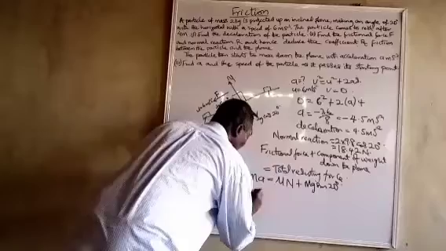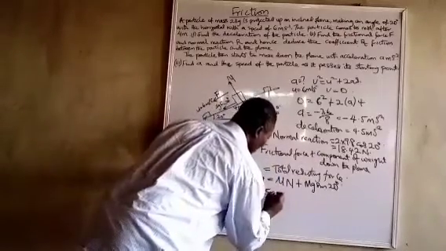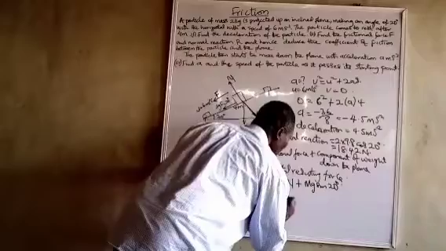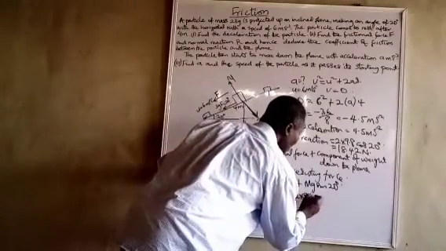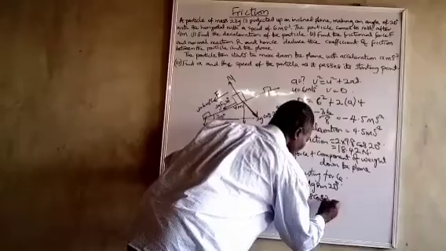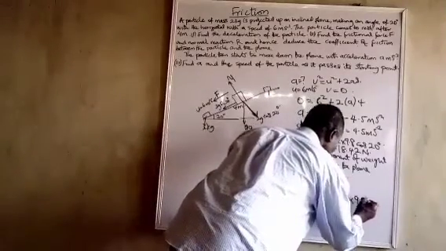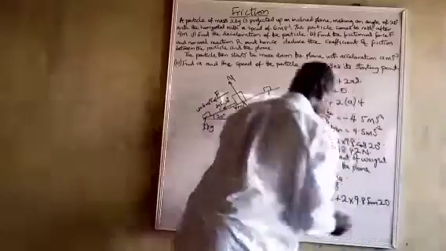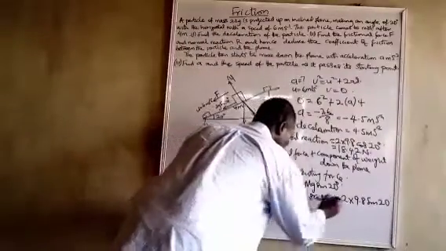That is 2 times 4.5. Here, 4.5 is equal to mu times 2 times 9.8 cos 20 plus 2 times 9.8 sin 20. So we can now get this.